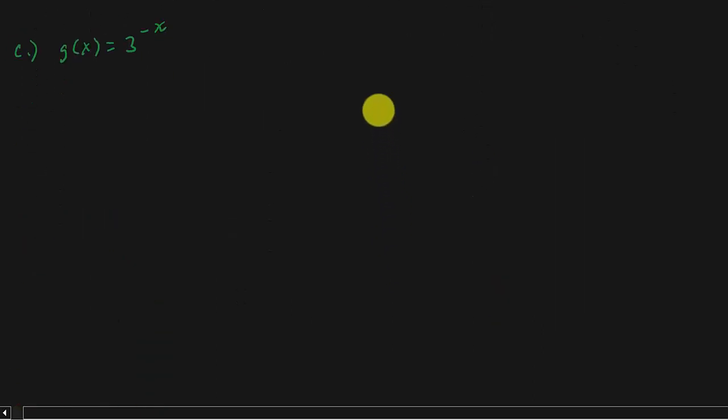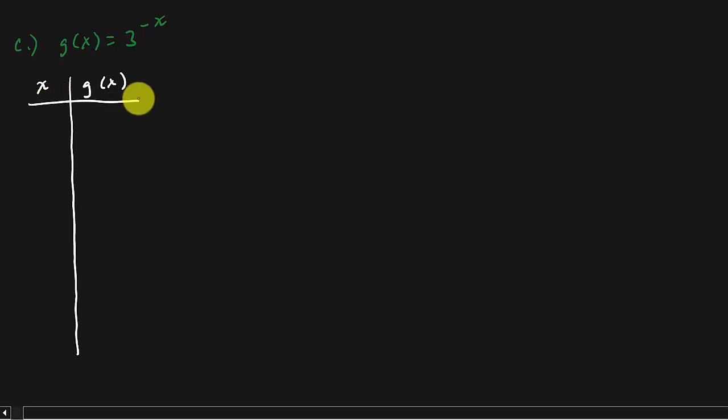All right, so what about this one? Let's make a table again. So we've got x, g(x). Let's do 0, 1, 2, -1, -2.